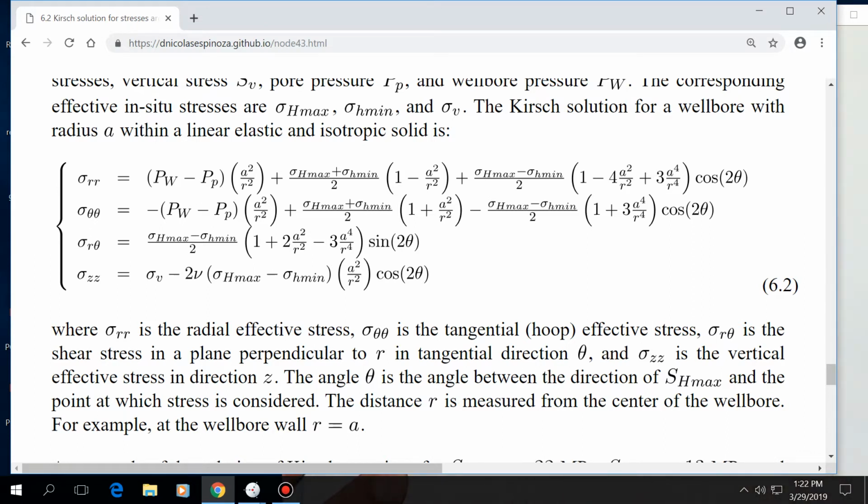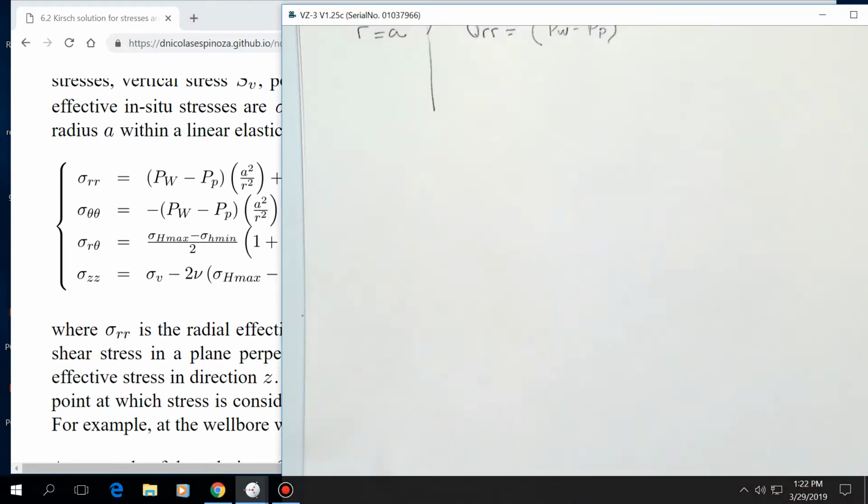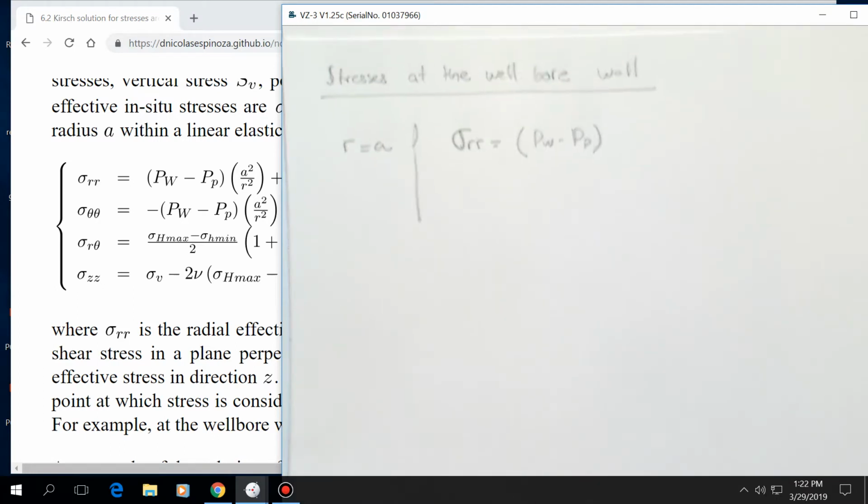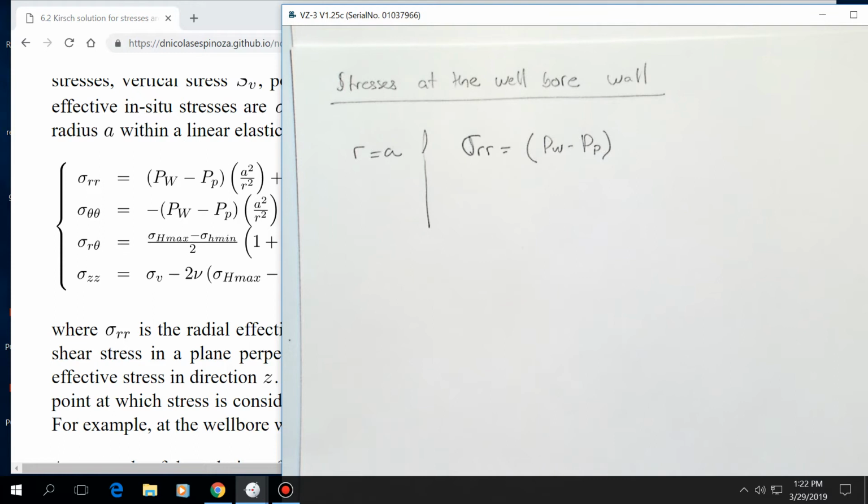What you just told me is that the first equation, whenever R is equal to A, is sigma RR equals PW minus PP. That's what I wrote. That's the only term that survives. Let's go to the second one.